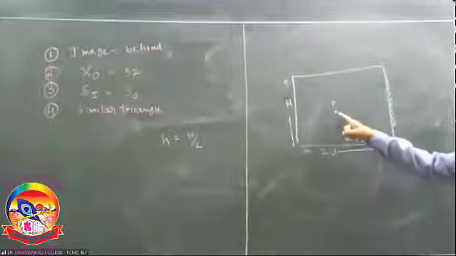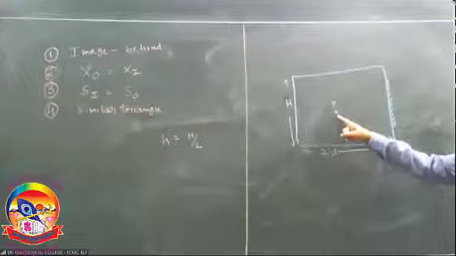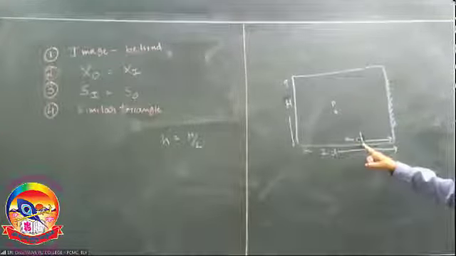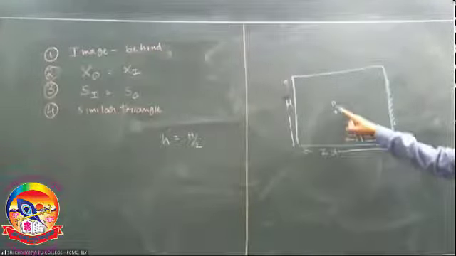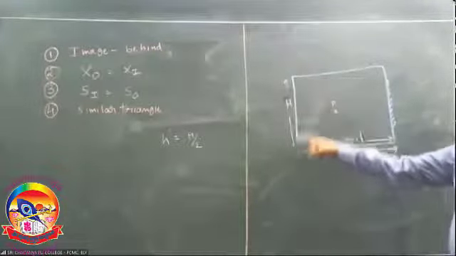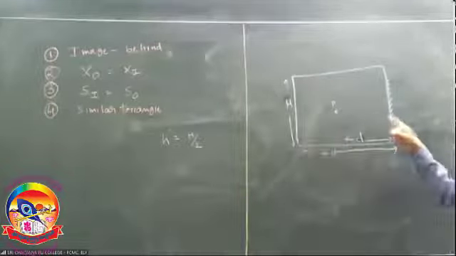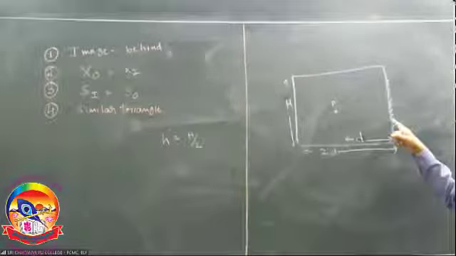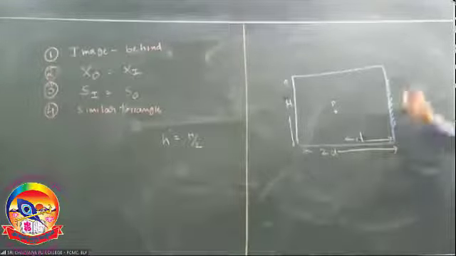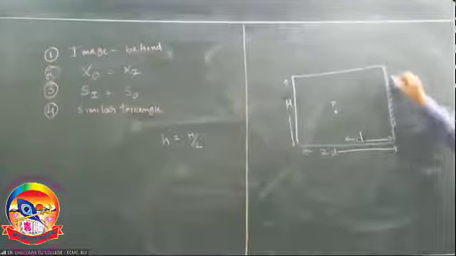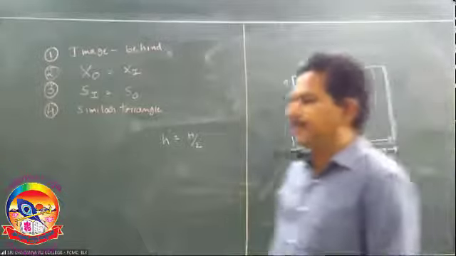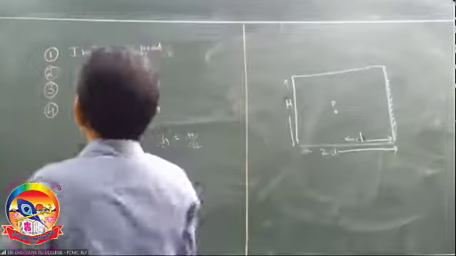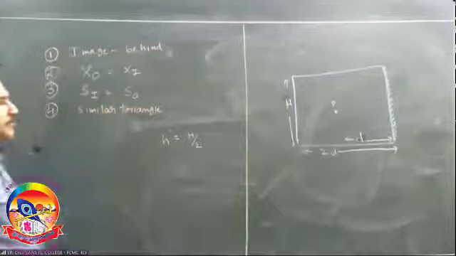Since the person is standing at the middle of the room, this distance becomes D. The person wants to see the entire wall inside the mirror, which is hanging on the front wall. This is the mirror. Then what must be the minimum size of the mirror? It is a simple concept. I will use these four rules.